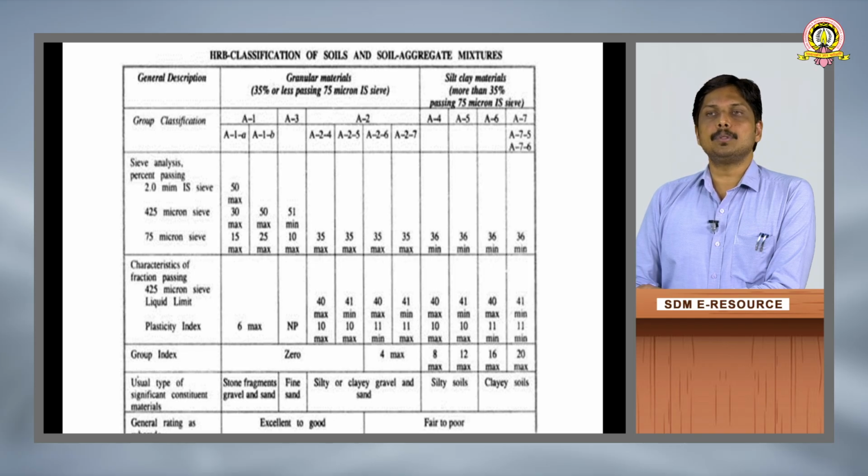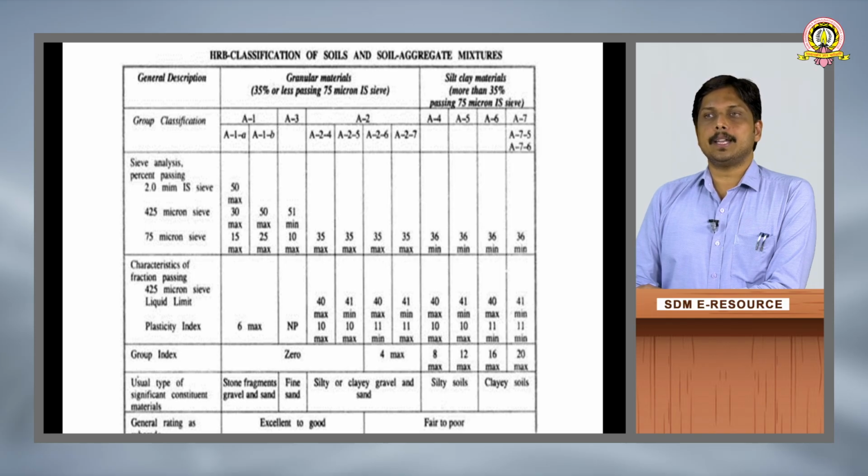Then we have to proceed from the left towards the right. In A3 you can see it is 10 max, in A2-4 it is 35 max, in A2 it is 35 max, likewise. So, the data that we have, where it fits, that becomes the group.